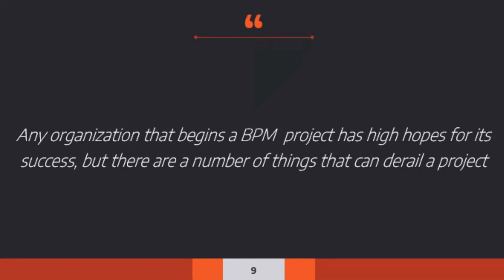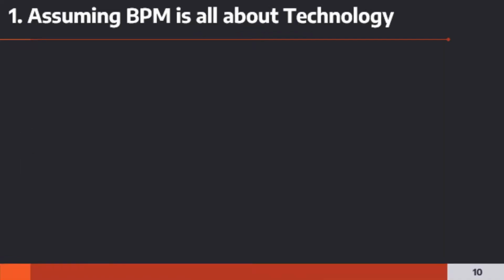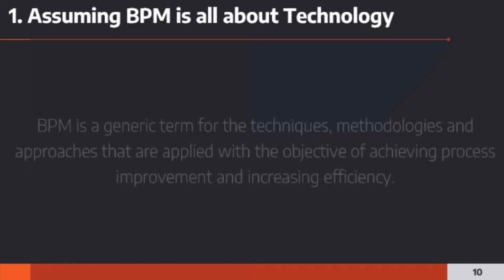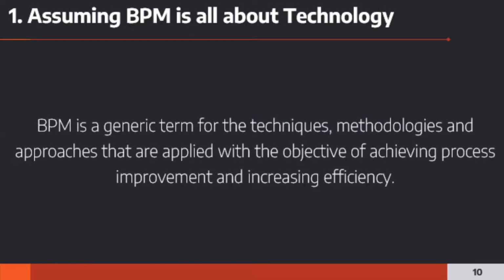Okay, so number 1, a project may be derailed in BPM if your assumption is that BPM is all about technology. Okay, BPM is a generic term for what we call techniques, methodologies, and approaches that are applied with the objective of achieving process improvement and increasing efficiency.